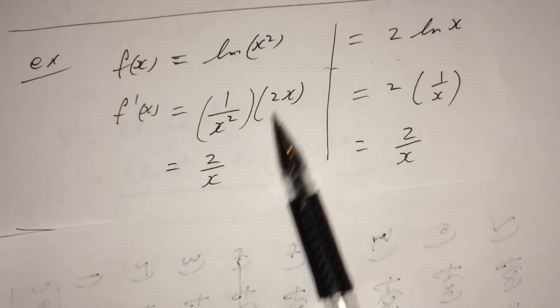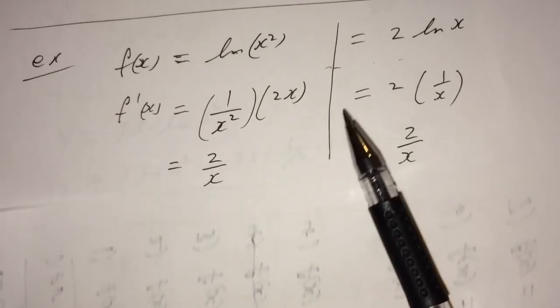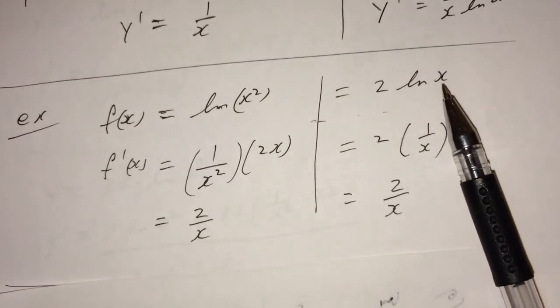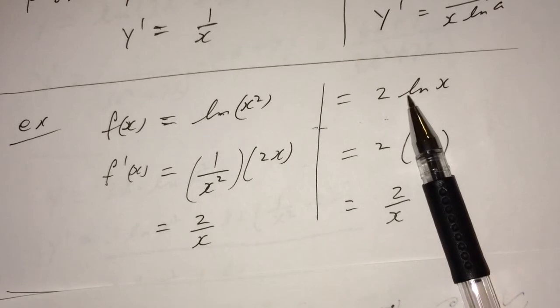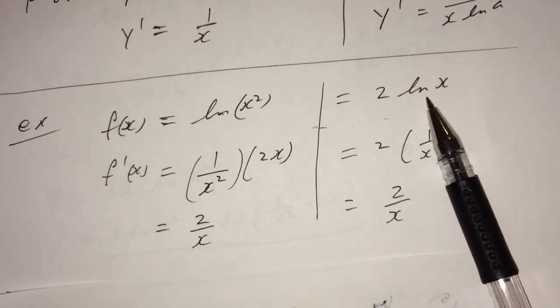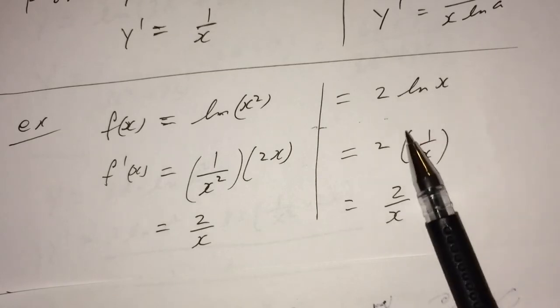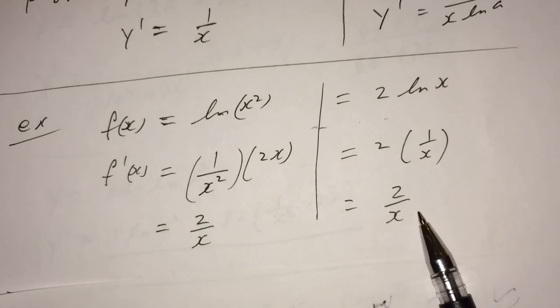And that simplifies, the x's cancel out, to 2 over x. Or you could use a log rule over here and bring that power down in front. Okay, so that is a log rule. You can take that exponent down in front. And then you get 2 ln x. The derivative of that is going to be 2 times 1 over x, which is 2 over x. Gets you the same answer either way of doing that.